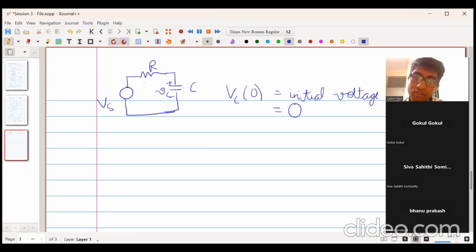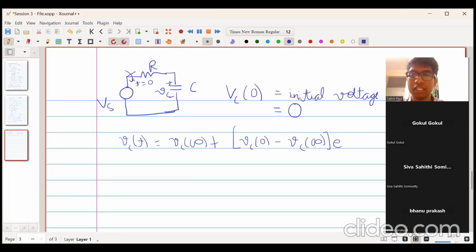When we solve the differential equation, there will be some sort of switch and it will be closed at time t equal to 0. When we solve for the voltage across the capacitor as a function of time, we will get Vc of t equal to Vc of infinity plus Vc of 0 minus Vc of infinity into e raised to minus t upon RC.